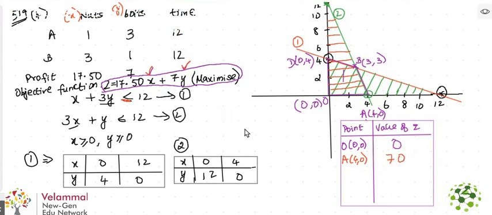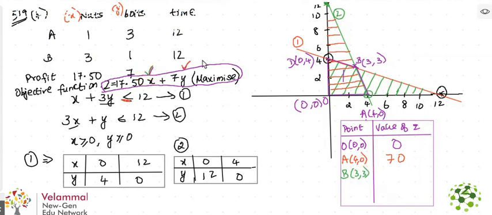Because there is no space, I didn't do the calculation. Actually, it is 17.50 times 4 plus 7 times 0. Just substitute and get the answer. That's all. Okay. Now, for the next point, B is 3, 3. So you need to substitute 3 in x place and 3 in y place in z.